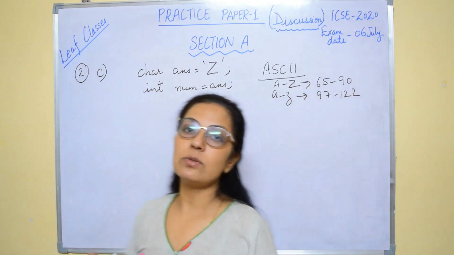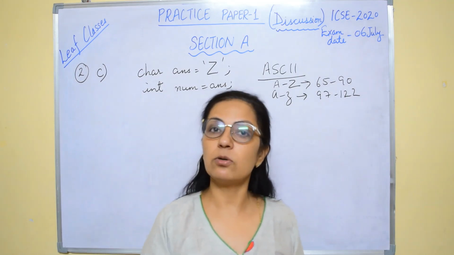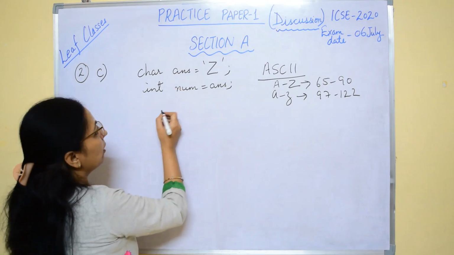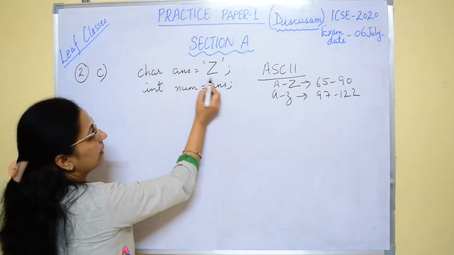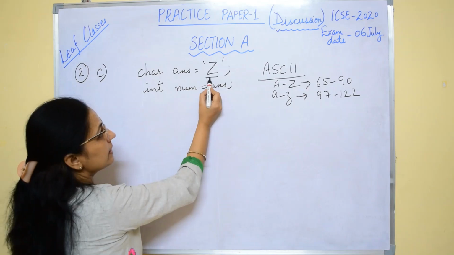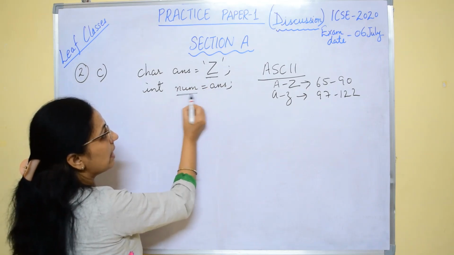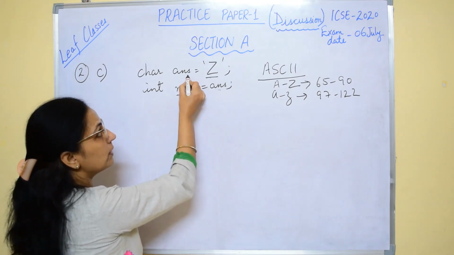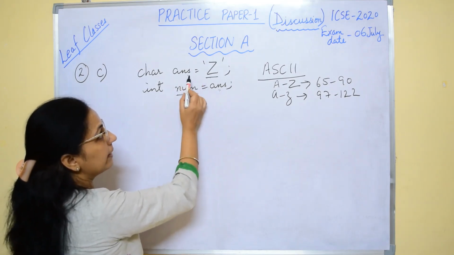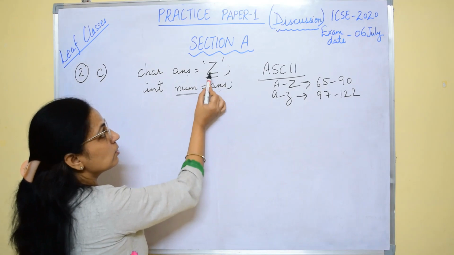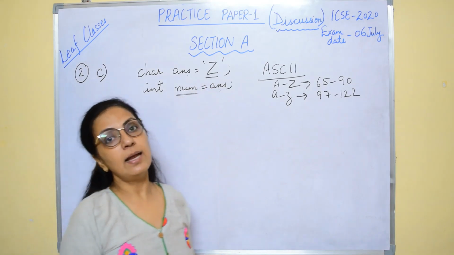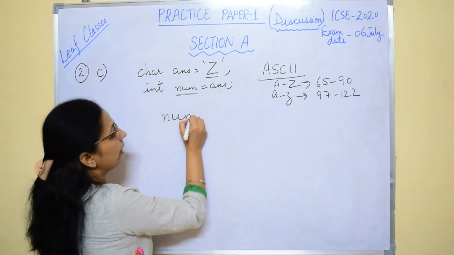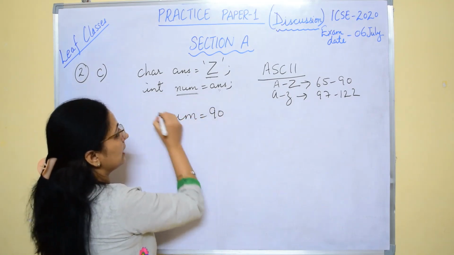So these values are very useful in output based questions. Please do learn these. Now for this, the value of ans is z, and in the num variable the ASCII value of this variable will be stored, and this variable contains z. So the ASCII value of z is 90.